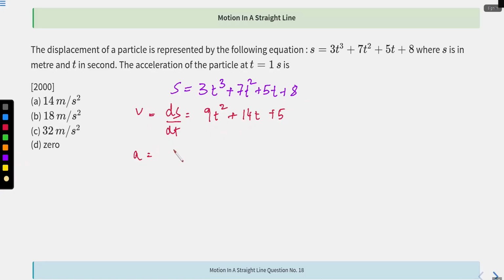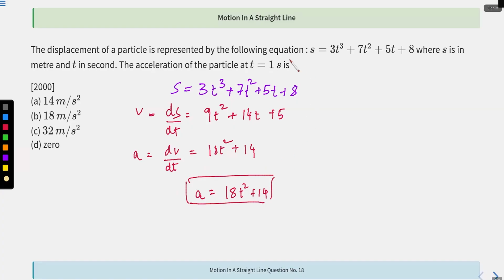Now we calculate acceleration, that is dv by dt. This is 18t plus 14. Correct. So a equals dv by dt, which is 18t plus 14. This is what we have got.